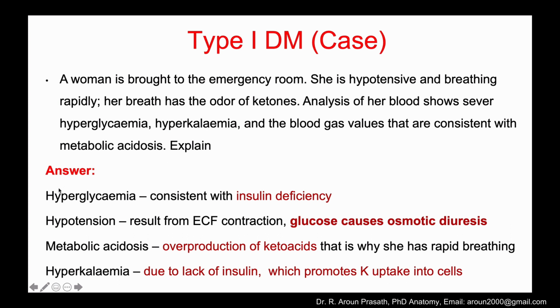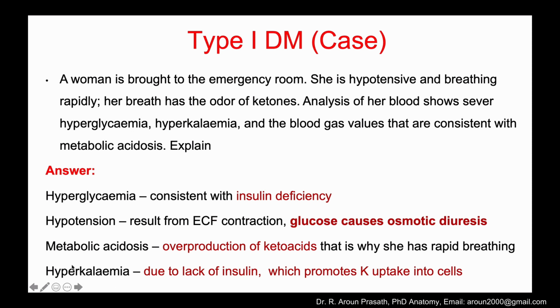So that means the patient is having hyperglycemia due to insulin deficiency, and hypotension due to loss of blood volume, because the kidney keeps releasing more and more urine. Then there is more production of ketone bodies that leads to ketoacidosis, metabolic ketoacidosis.